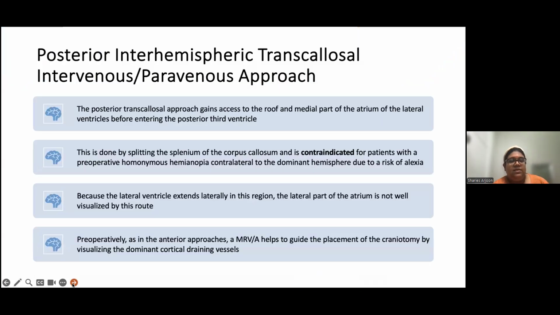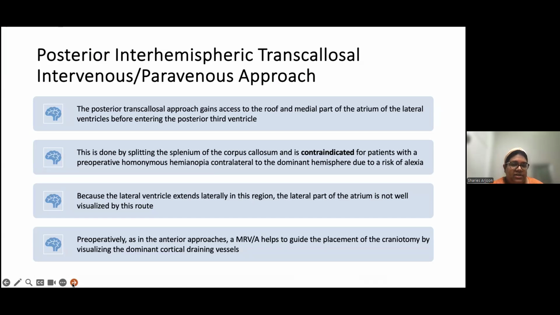Starting with the posterior interhemispheric transcallosal intravenous or paravenous approach, this posterior transcallosal approach gains access to the roof and the medial part of the atrium of the lateral ventricles before entering the posterior third ventricle. This is done by splitting the splenium of the corpus callosum and is contraindicated for patients with a preoperative homonymous hemianopia contralateral to the dominant hemisphere due to the risk of alexia.